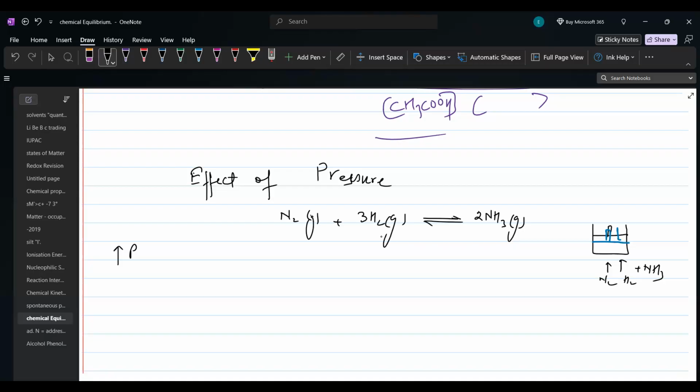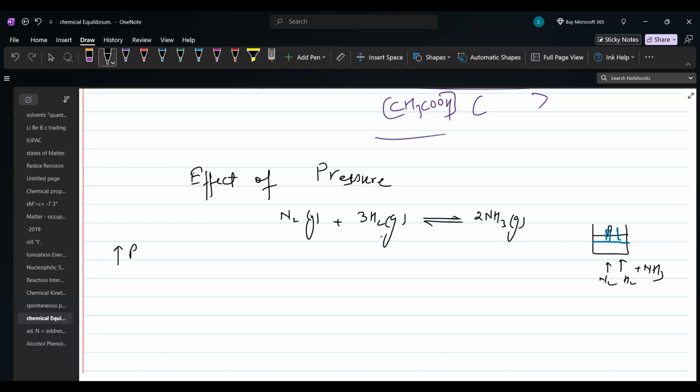Remember what we have to do according to Le Chatelier's principle: equilibrium wants to remain in equilibrium. It will resist any change in the system. So what change are we making? We are increasing the pressure.